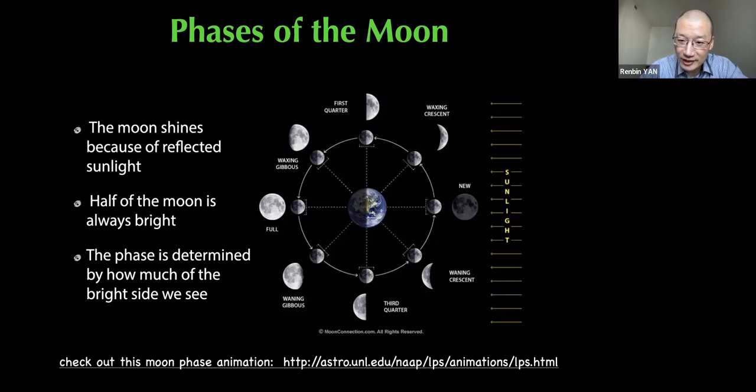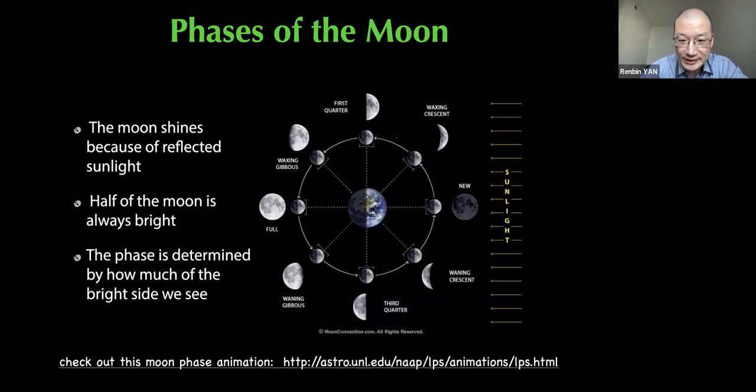And why is it dark? It's just because it doesn't radiate visible light, so we cannot see anything coming from it. In this picture, we draw it so that you can see there's a darker half, but in space, because the darker half is not shined by the sun, it doesn't reflect anything, and so we're not seeing any light from it. So we really cannot see this darker half in space.